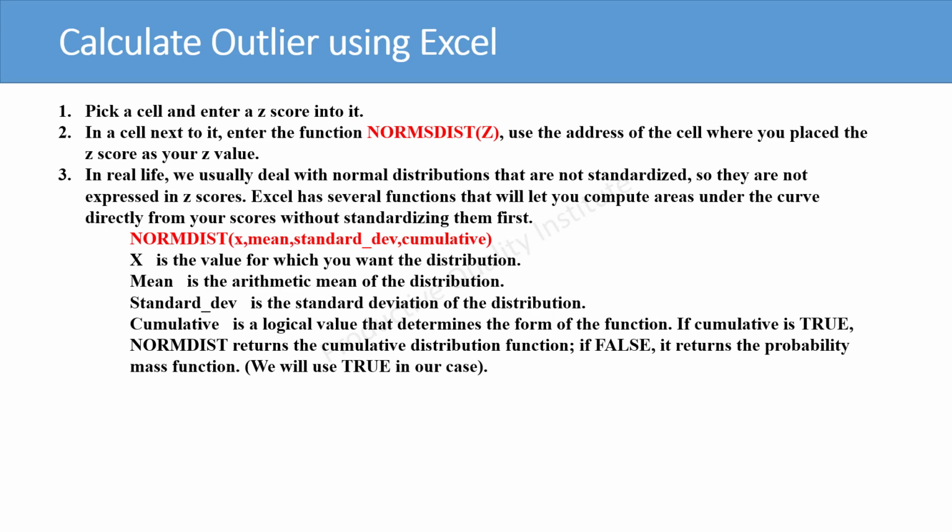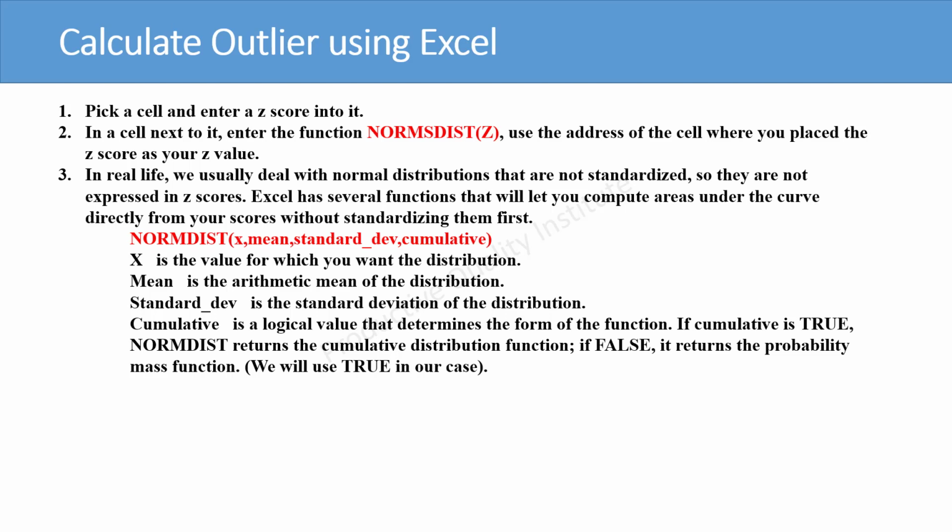To calculate the outlier using Excel, pick a cell and enter a z-score into it. In another cell, next to the z-score cell, enter the function NORMSDIST of z and use the address of the cell where you placed the z-score as your z-value. However, in real life, we usually deal with normal distributions that are not standardized, so they are not expressed in z-scores.